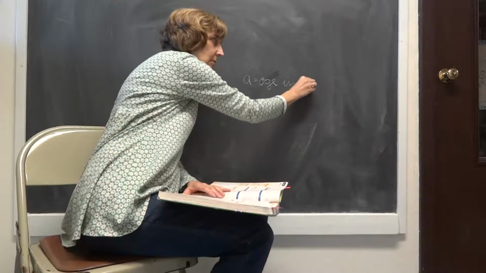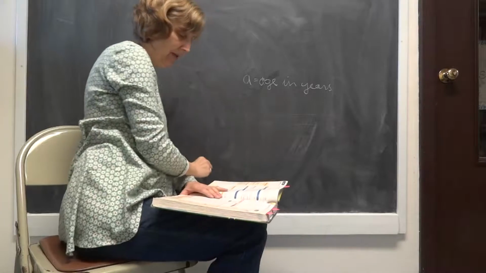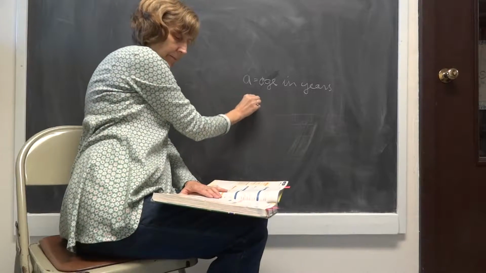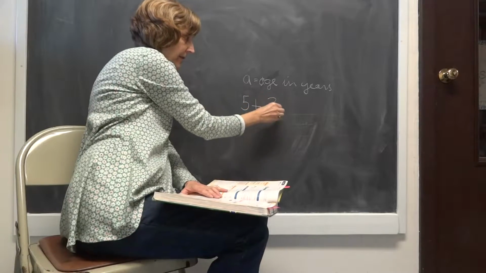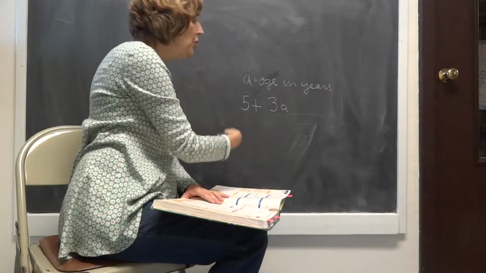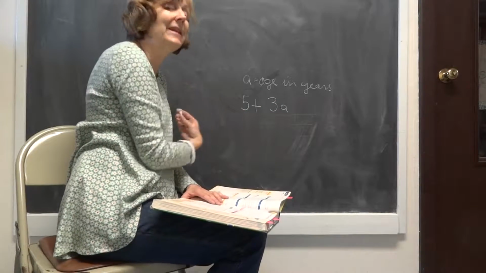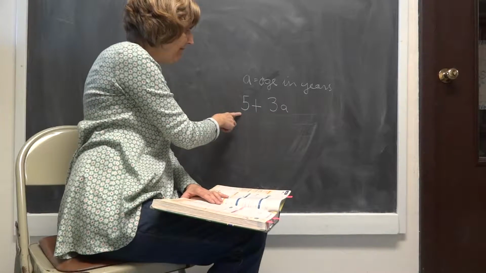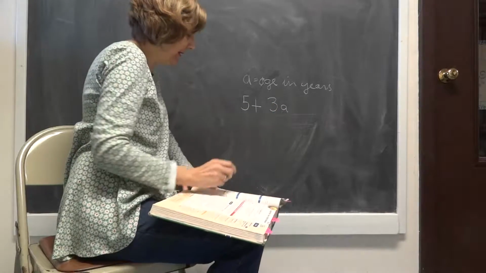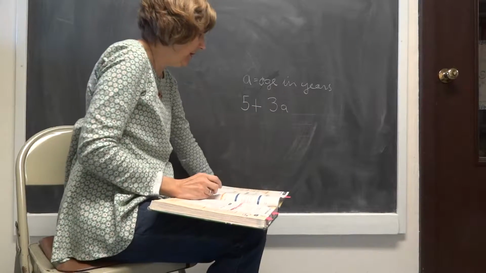We don't know our age. And it says 5 years more than 3 times your age. All I did was write a mathematical sentence using numbers and letters in place of words. 5 more than 3 times your age. All right, so now this is an expression.